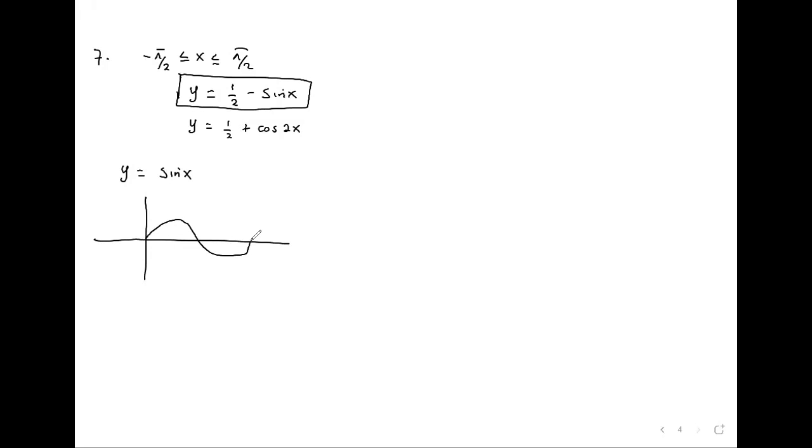By the way, every time you're asked to sketch sine, the first thing that you should know is, now I want to sketch y is equal to half minus sine x. So you must first know the period. If you are given a sine bx plus c plus d, what is our period?